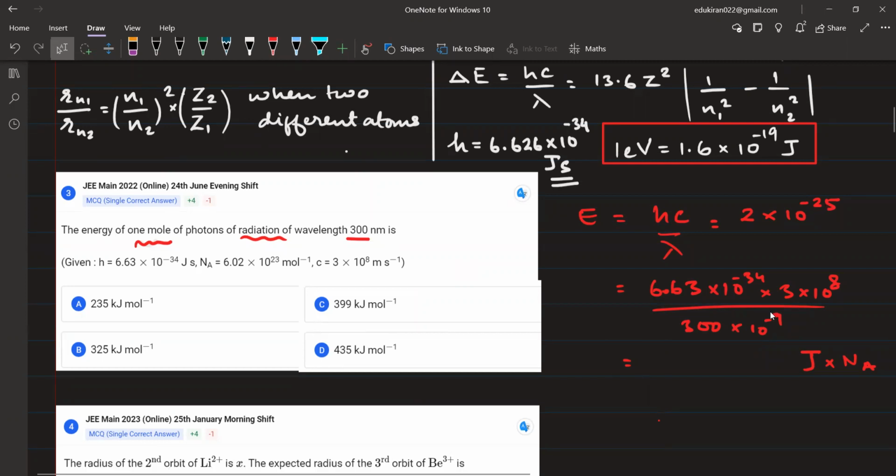Divided by 2 to the power 9, how much will it be? This is 2 into 10 to the power minus 25 divided by 30, into 10 to the power 10 into 6 into 10 to the power 23.